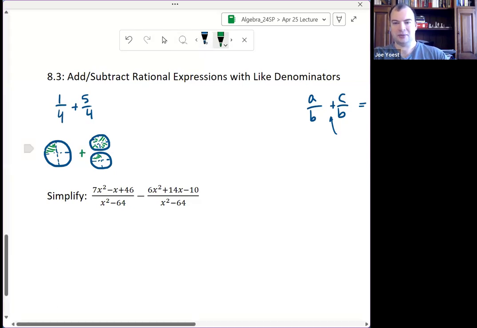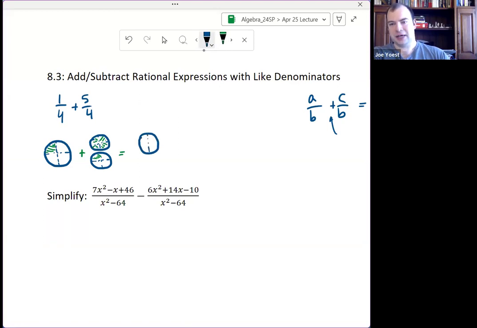When I add them together and reallocate the slices so that I can get rid of some pizza boxes, my pizzas are still divided into quarters. The slices I have are still quarter pizza slices, but I have 4 of them from here, 1 coming over from here, and another one coming over from here.